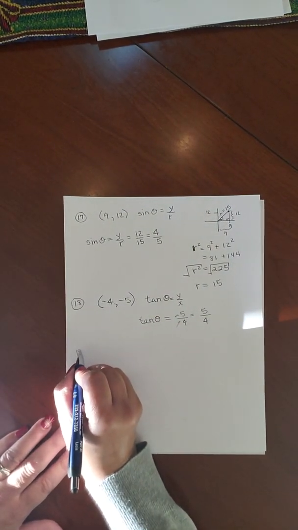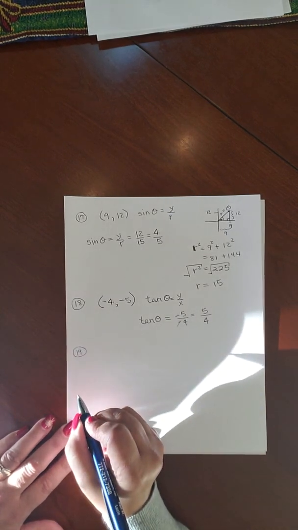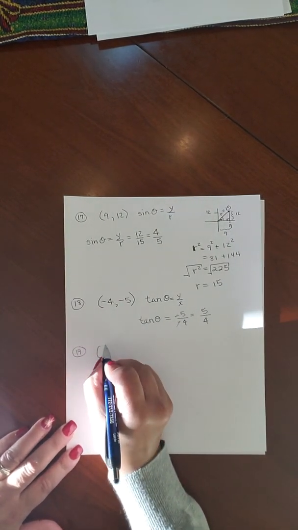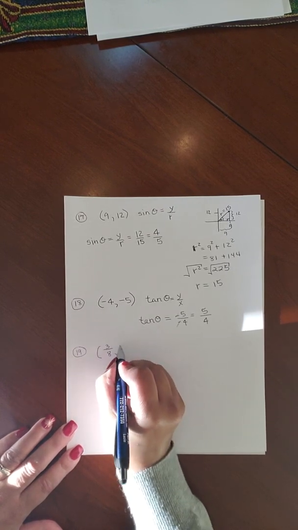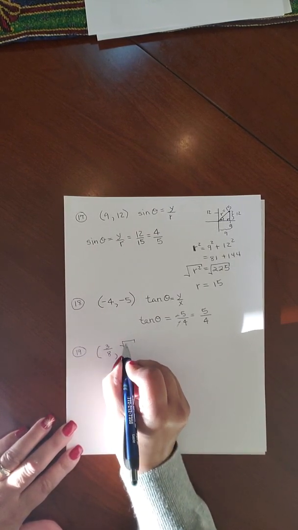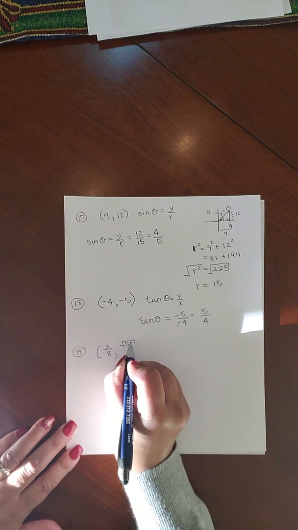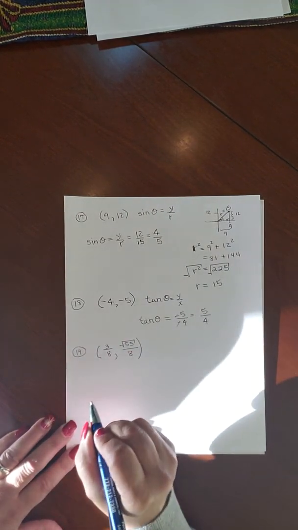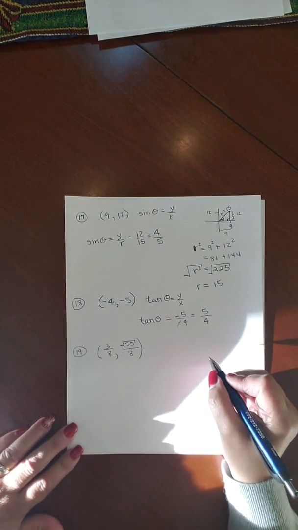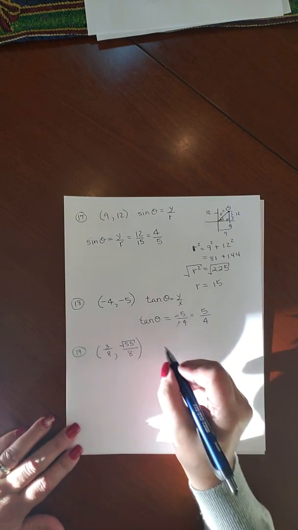Okay, number 19. Number 19, again, you are given an x coordinate and a y coordinate. Just a little more complicated because of the radical, but not much. Just have to know a little bit more algebra. Okay, you've been asked to find the tan value again.